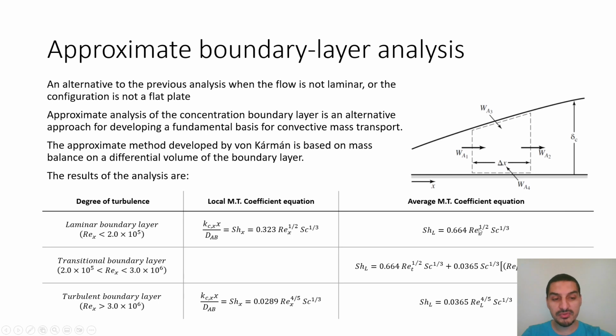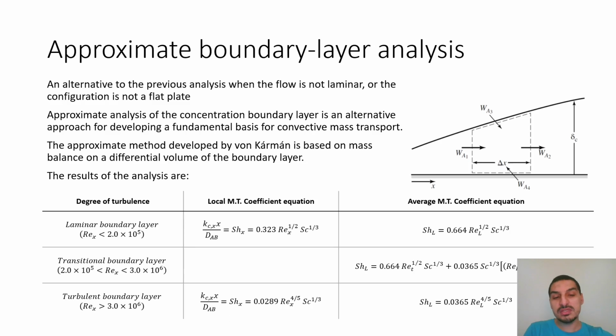The maximum value of the Reynolds number here is 200,000. The minimum value of the Reynolds number here is 3 million. So this will have a larger impact or larger value than it is here, which makes sense, and this agrees with what we said in the very beginning, that the turbulence in the system has a great impact on the mass transfer coefficient, and that you increase the mass transfer coefficient by increasing the turbulence.